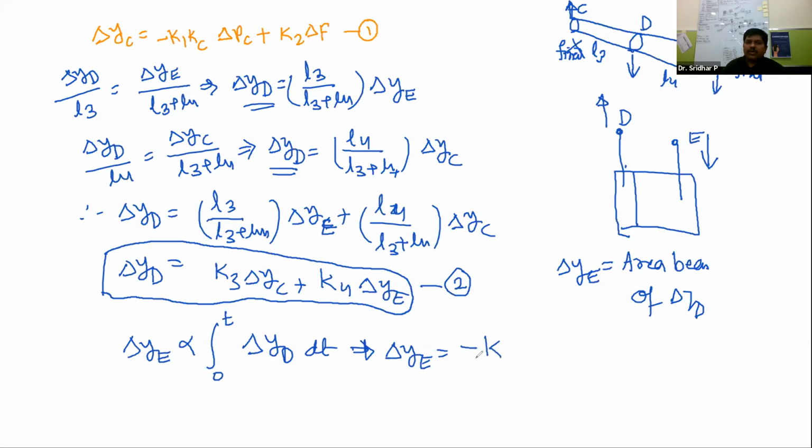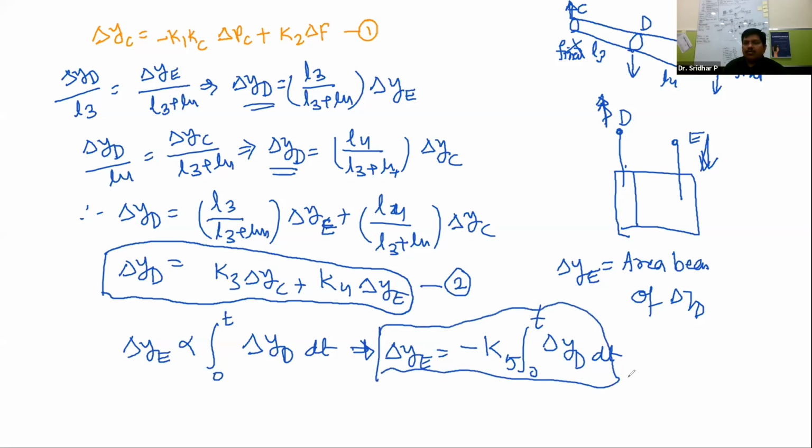K4 is already used, so minus K5 integration from 0 to t of delta YD dt. Why did the minus come into the picture? Because if D moves in the upward direction, E moves in the downward direction, so the two signs are opposite to each other. This is our equation number 3. So 1, 2, 3 are over.